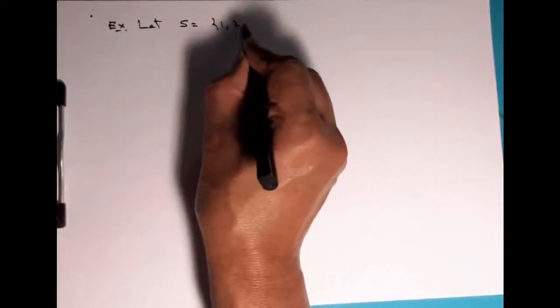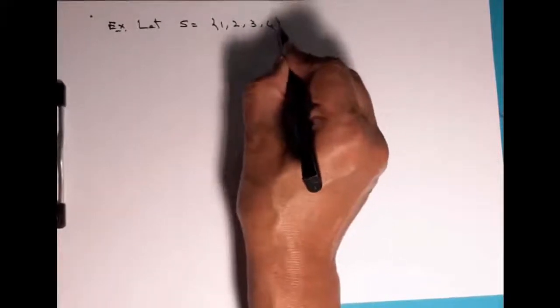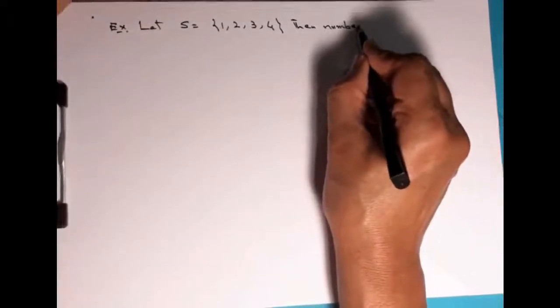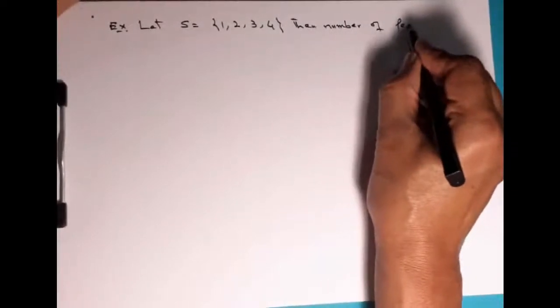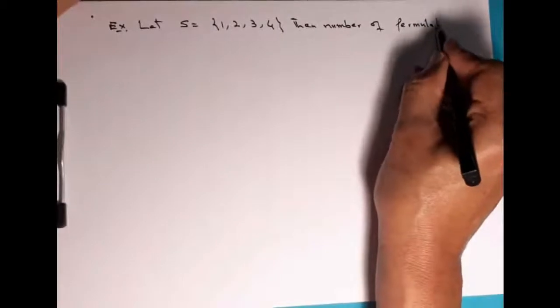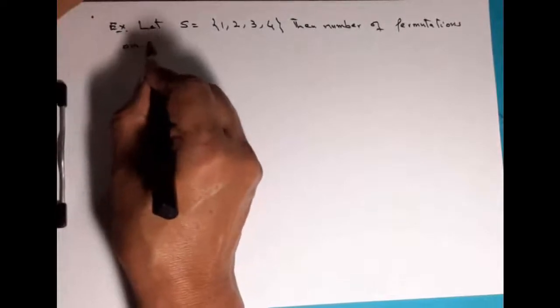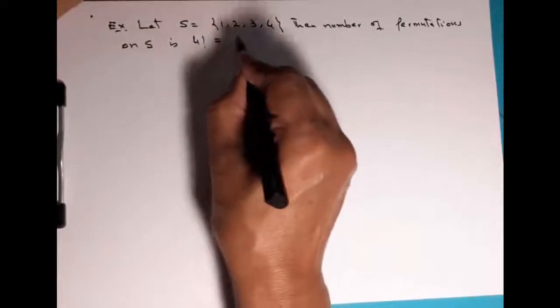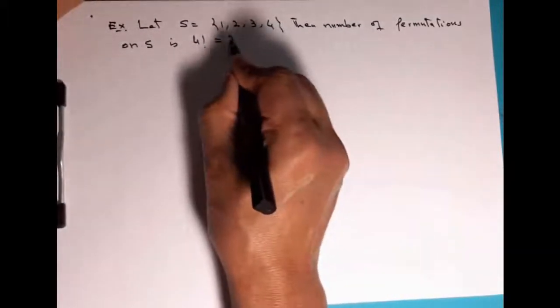Let's write an example. Let S is equal to 1, 2, 3, 4, then number of elements, then number of permutations on S, or of S, whatever you like, is 4 factorial, and this is equal to 24.